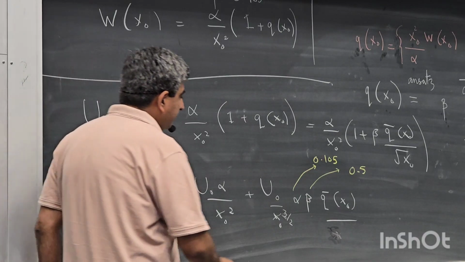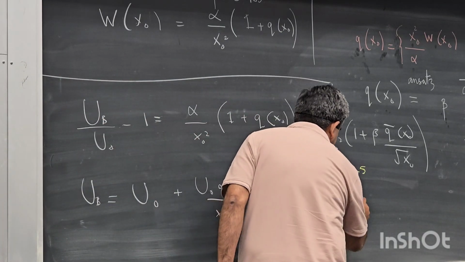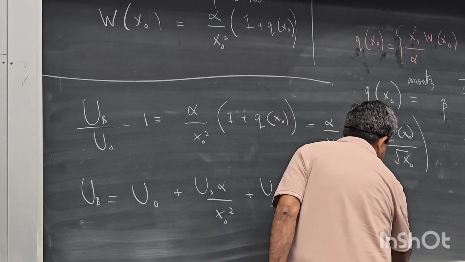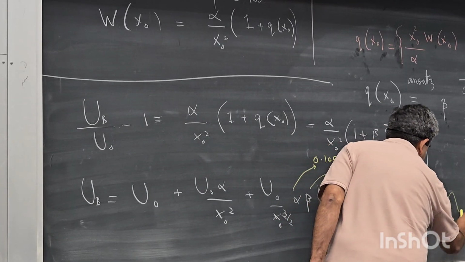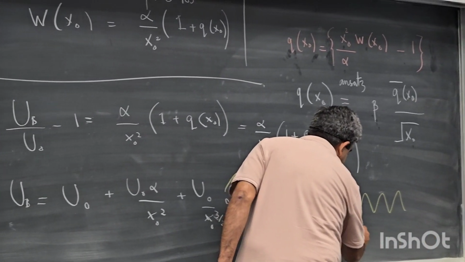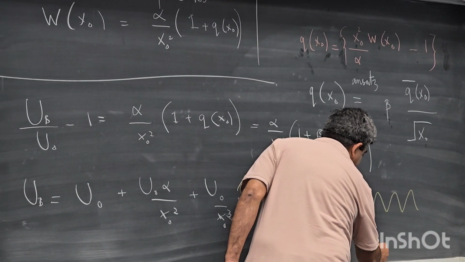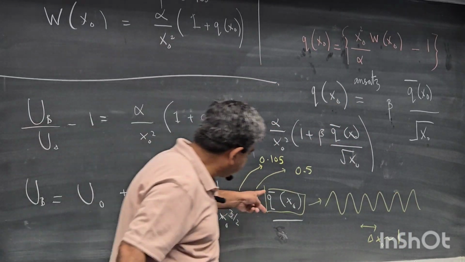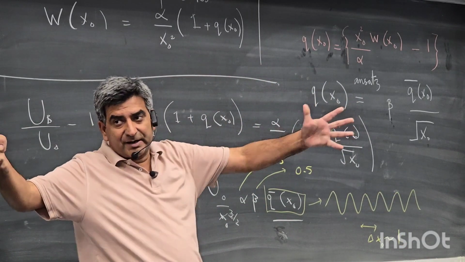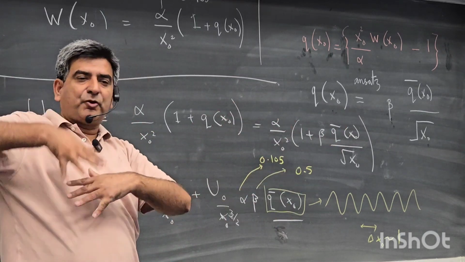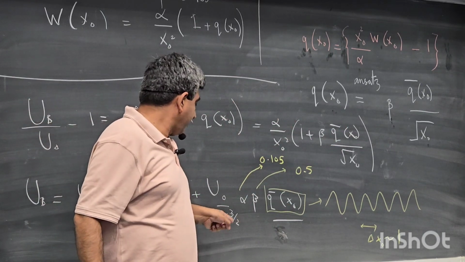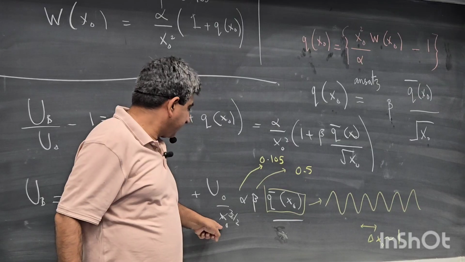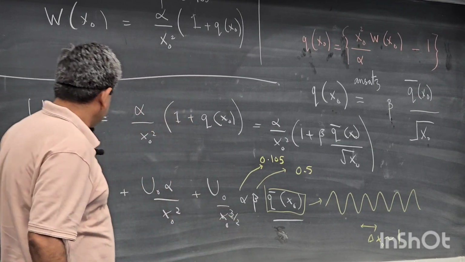And this is q bar, an oscillatory function of period delta x naught equal to 1, and it's a constant amplitude function. All the amplitude modulation has been taken care of by these extra terms in the denominator, x naught to the 3/2 and so on.